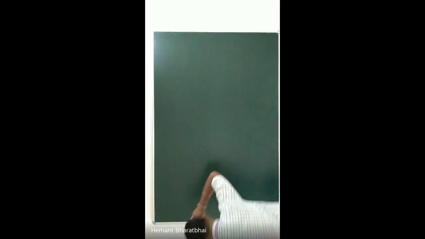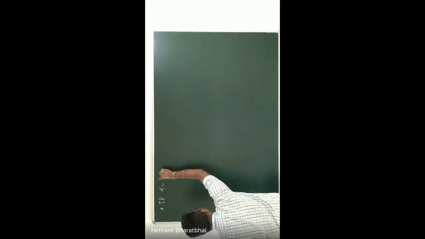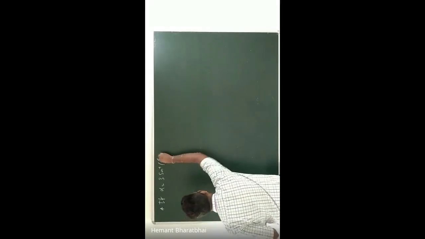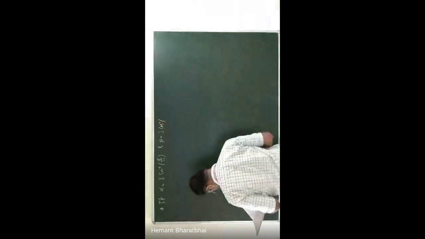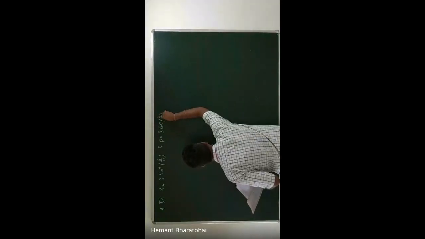Next numerical: alpha is equal to 3 sine inverse of 6/11 and beta is equal to 3 cos inverse of 4/9.